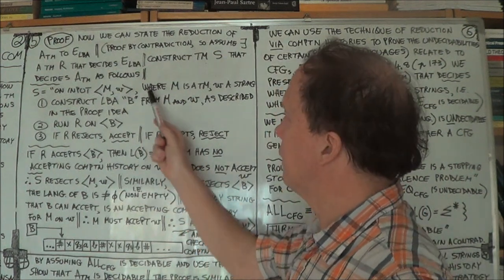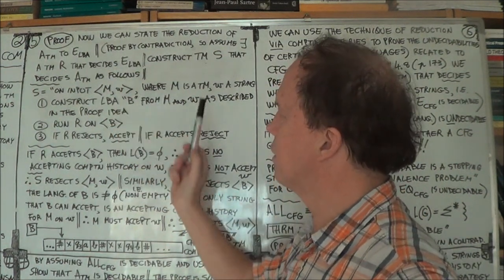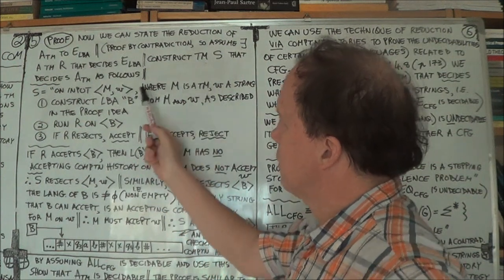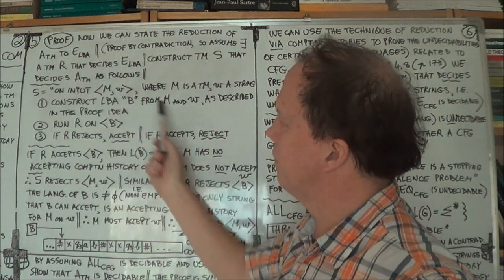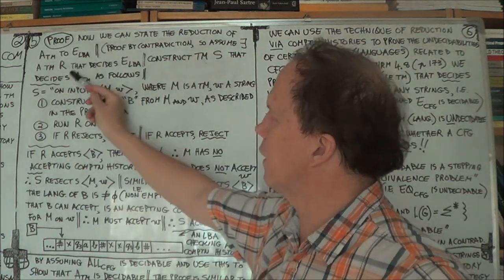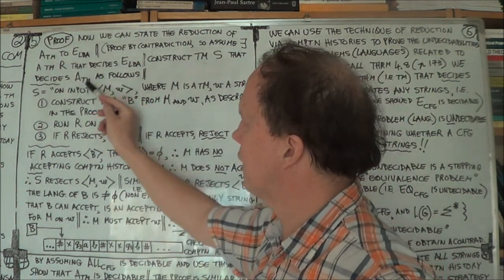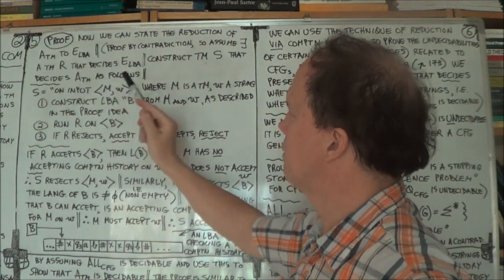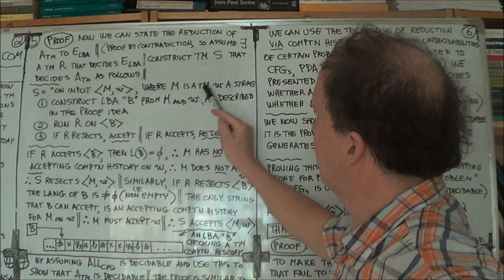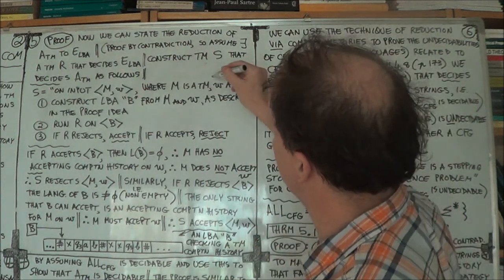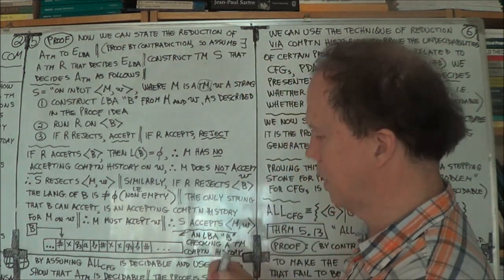So S will be looking at strings of this form in this language, if M accepts W, where M is an ordinary Turing machine and W is a string.